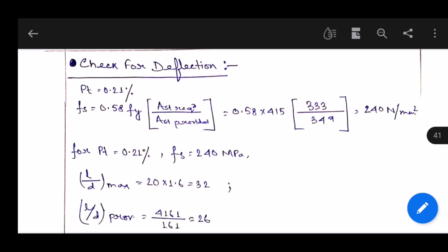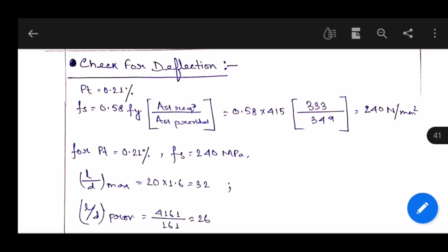Now Fs, this formula is given just below figure 4 of IS 456-2000: 0.58 into Fy, Ast required by Ast provided, that is equal to 0.58 into Fy is 415, within bracket Ast required is 333 by provided is 349, that is equal to 240 Newton per mm square. So we have to find out the modification factor for percentage of steel 0.21 and Fs 240 MPa.